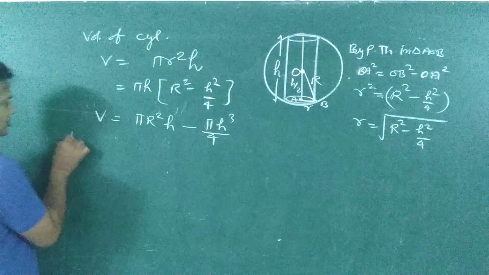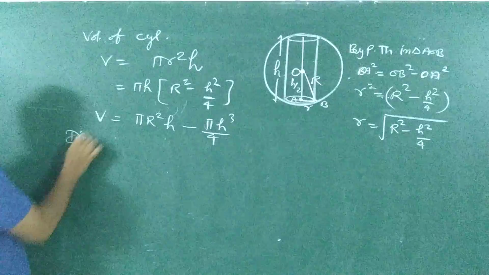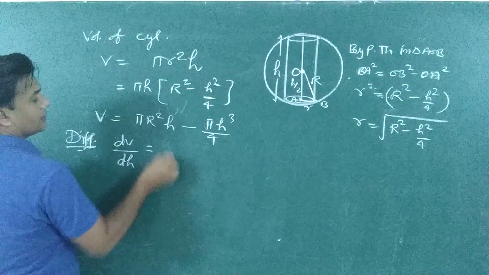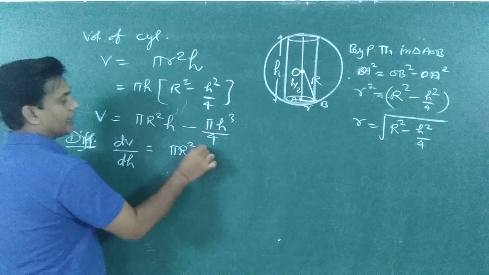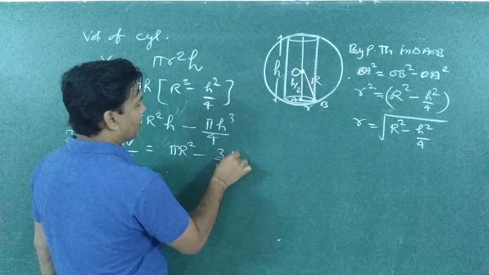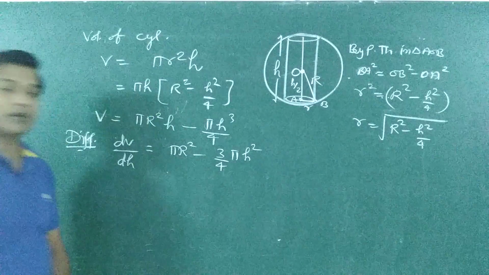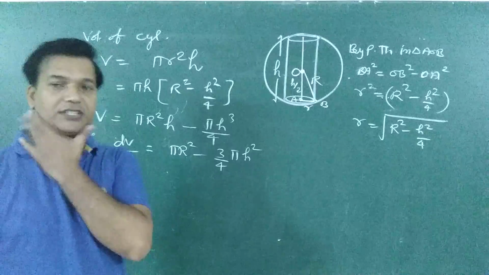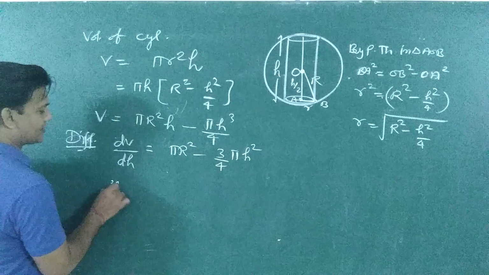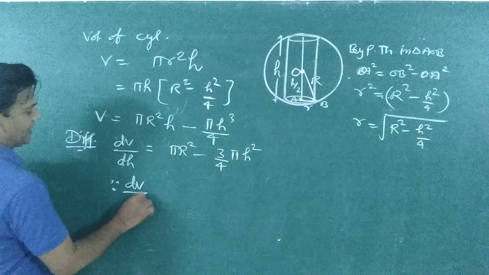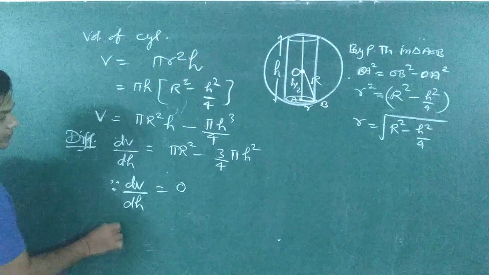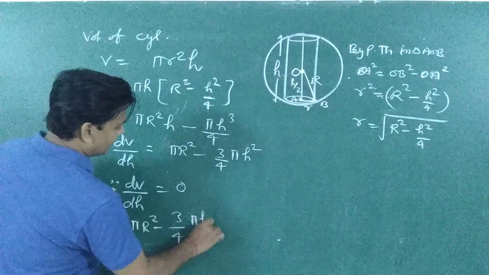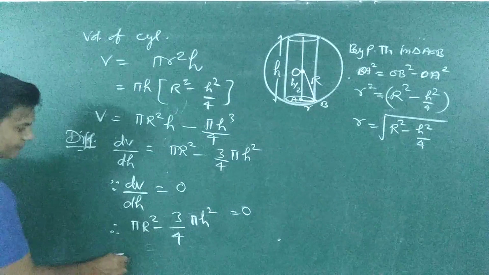Now we want to differentiate this volume with respect to h. So dV by dh is pi r square minus 3 by 4 pi h square. Now to get the value of h, dV by dh should be 0. Therefore pi r square minus 3 by 4 pi h square equals 0.